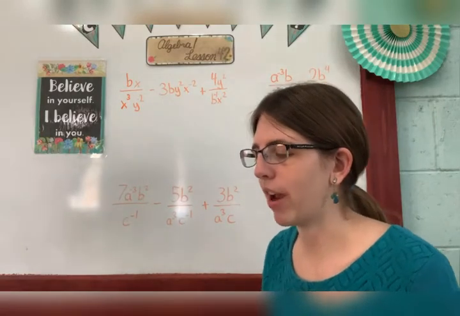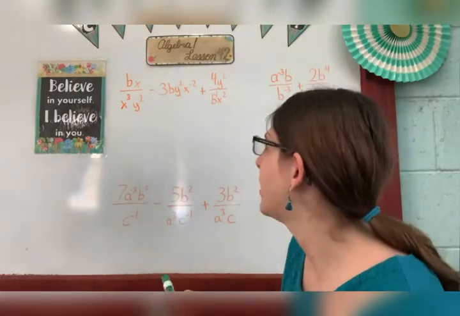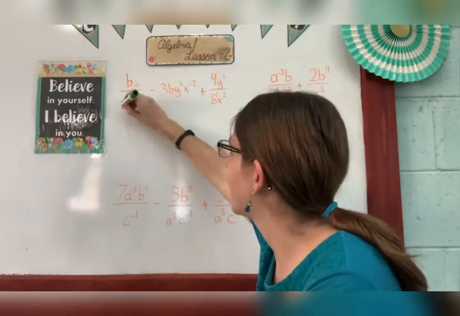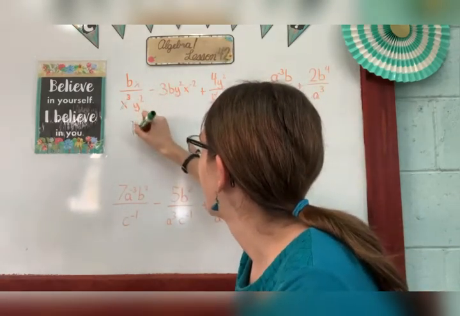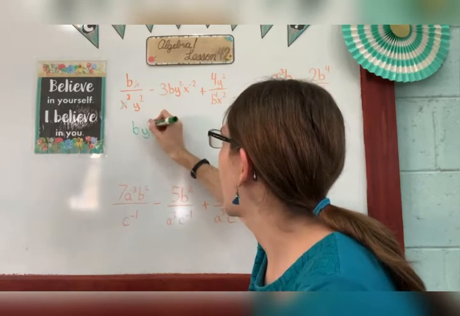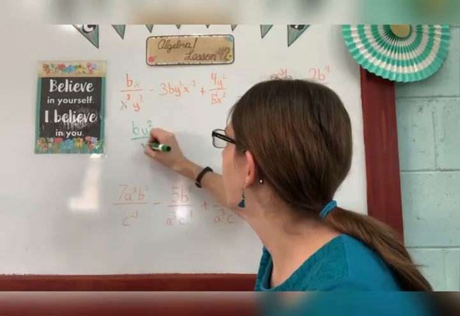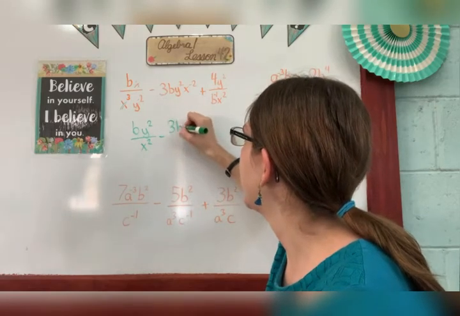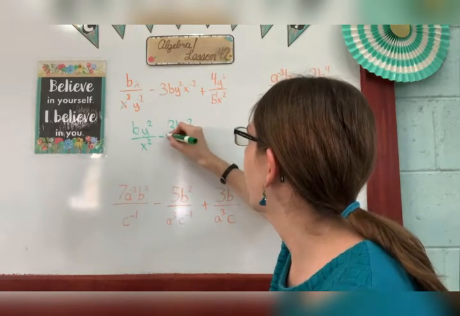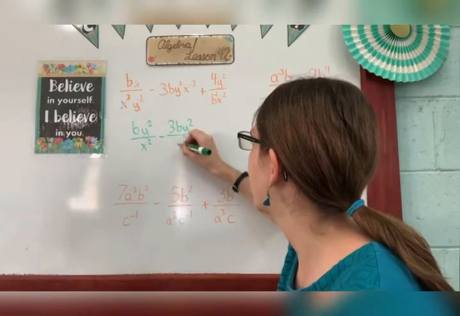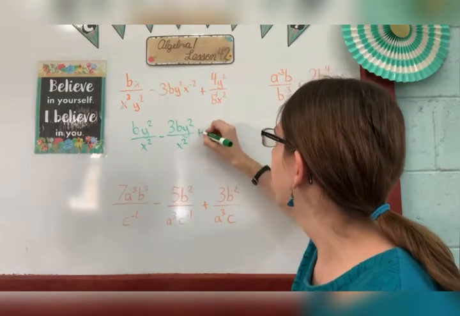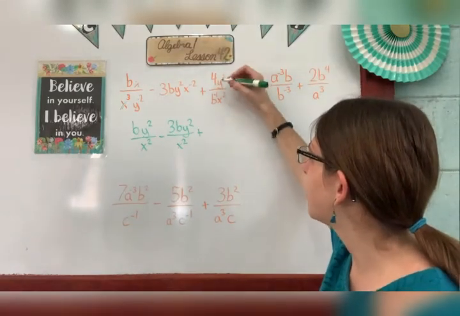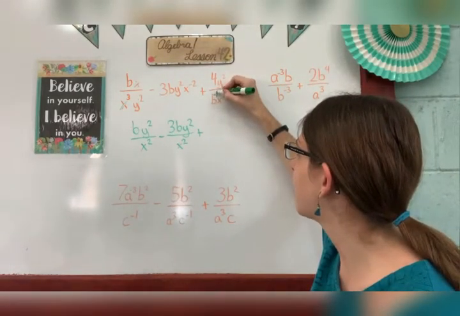From what we did last time, I'm going to cancel out these x's and make this by^2 over x squared minus 3by squared over, move this down to the denominator, x^-2 plus, but this time I can move my b up top because I have a -1 exponent.